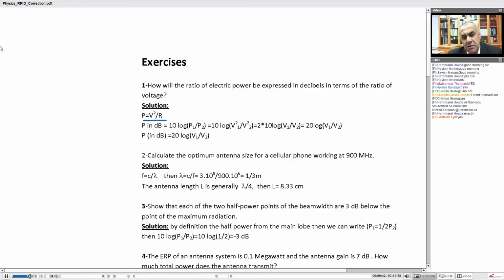So P in dBs is 10 log P1 divided by P2 if you have a ratio of two powers, because dB is a relative quantity, and usually we have a ratio. If you have a ratio of power, it's 10 logarithm P1 divided by P2, which is the ratio of powers.